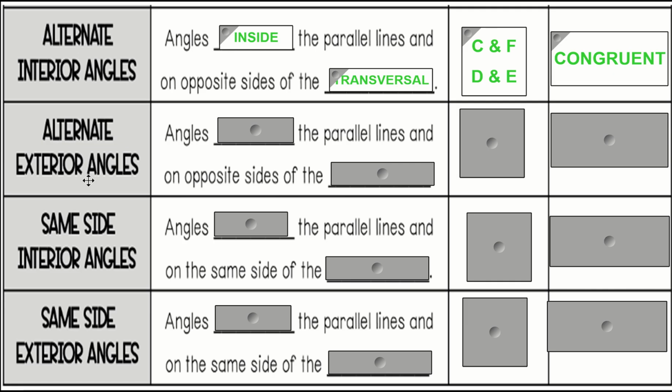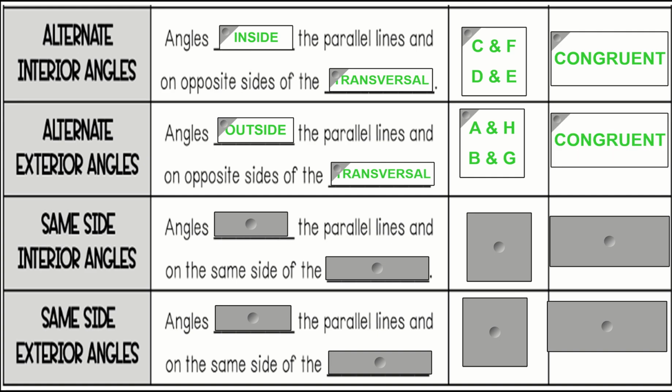Alternate exterior angles, then, are angles outside the parallel lines, and we're still looking for on opposite sides of the transversal. So on our picture there, that's A and H or B and G. Just like with the interior ones, they are also congruent.